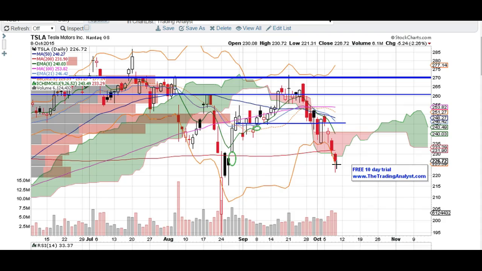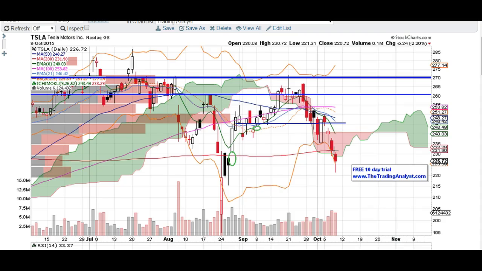Now, we currently do not have any positions on Tesla any longer. But we are looking for maybe a short-term bounce. There is one gap here, two gaps here, three gaps that need to be filled. Okay, so there's three gaps up here that need to be filled. Are they going to fill next week or the week after that? I don't know.